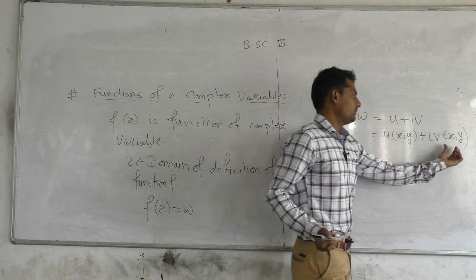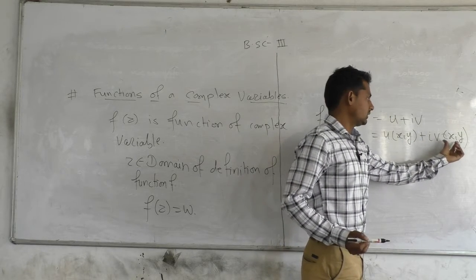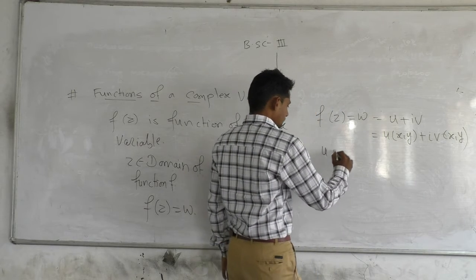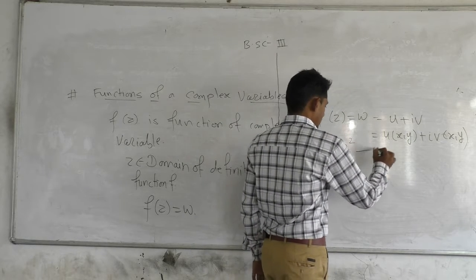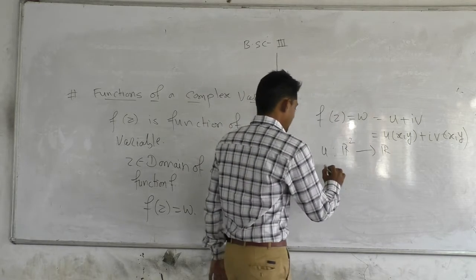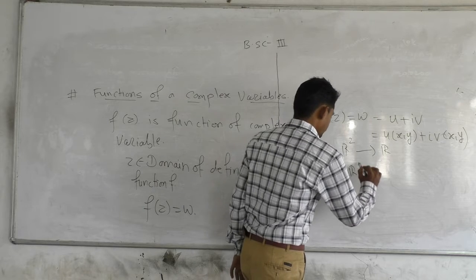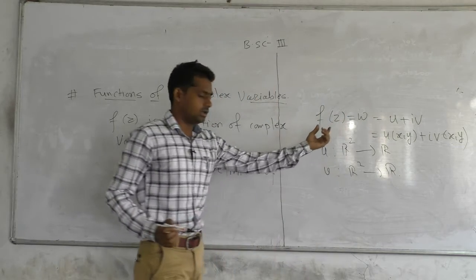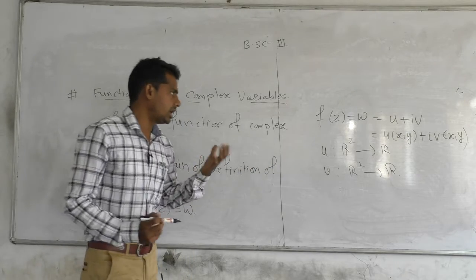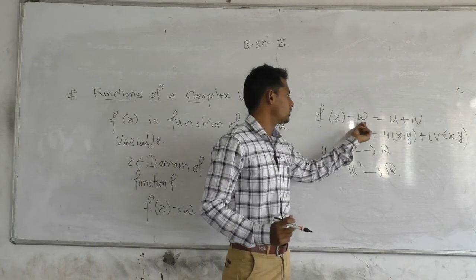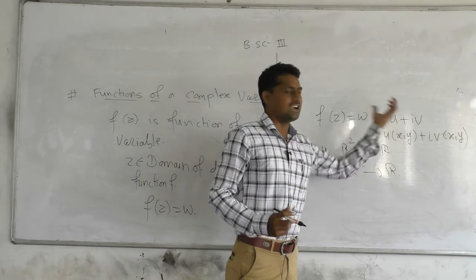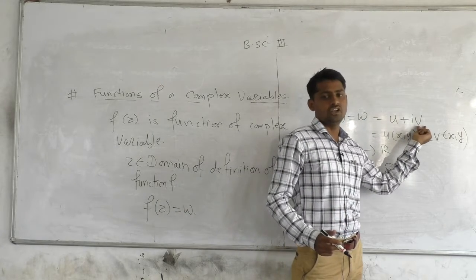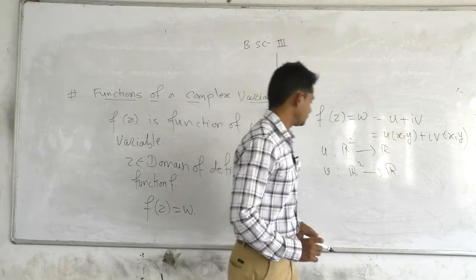So u of x,y and v of x,y are functions of real variables. u is a function from R2 to R and v is a function from R2 to R. So u is the real part of this function and v is the imaginary part of this function.